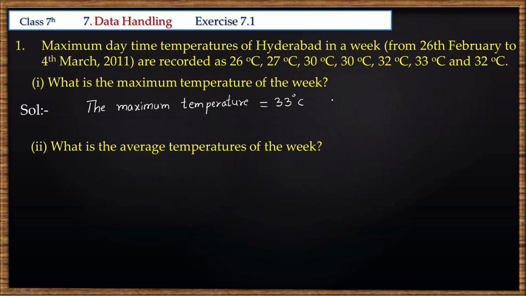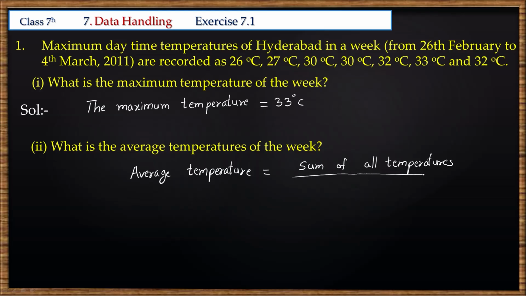So here the observations are temperatures, so we convert the formula as average temperature is equal to sum of all temperatures divided by number of days.